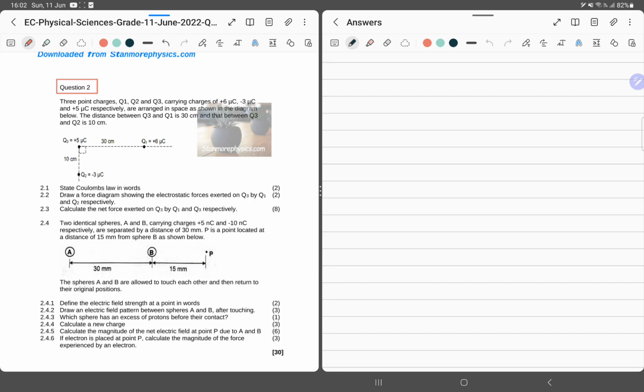So now we're dealing with electrostatics. This is a topic even grade 12 needs to know. So please, it is examined almost at the same level as it is examined in grade 11. So you cannot run away from this one.